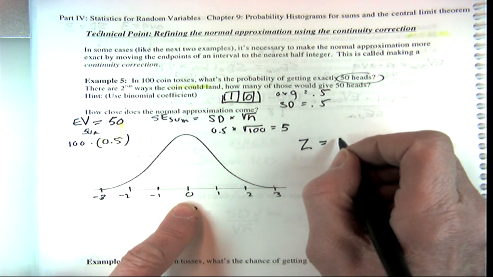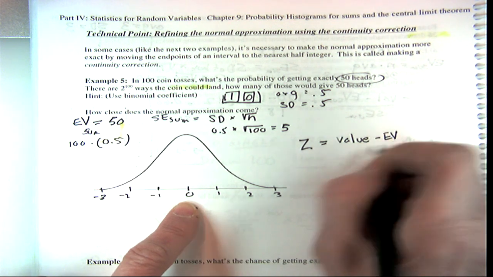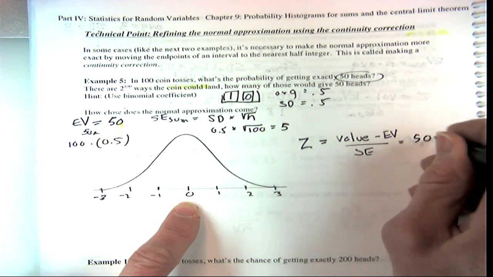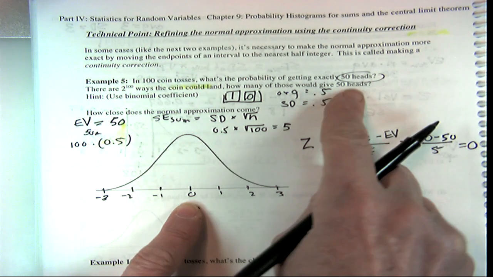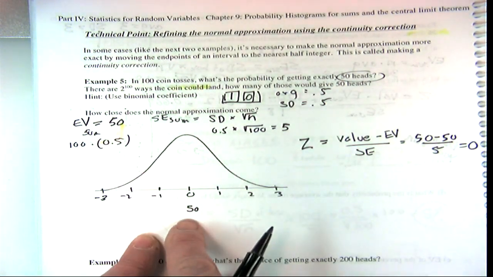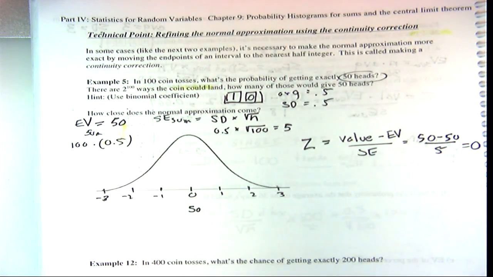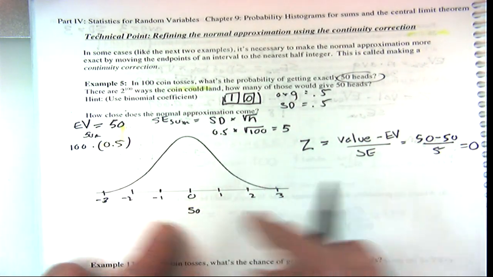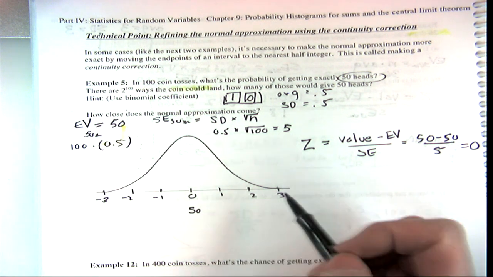The z-score is value minus expected value over standard error, so 50 minus 50 over 5, which is 0. And we don't have any interval. So how are we going to figure out any area? This would be true for exactly any number, not just 50. It's not 0 width like that. For a continuous distribution, the intervals get smaller and smaller, and you're going to have an area of 0 no matter what you choose.